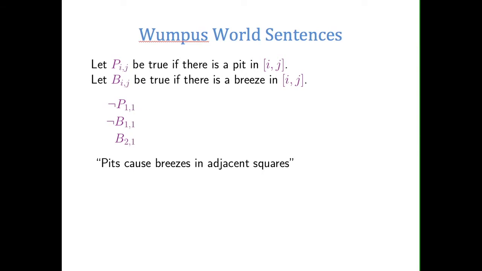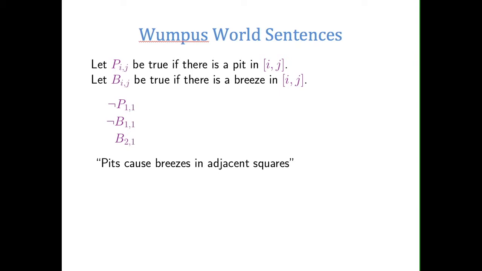Things we can say, for instance, might be that there is no pit in square 1,1. That's true, in fact, in the example we've got. Or there is no breeze in square 1,1. That's true. But there is a breeze in 2,1, so B of 2,1 is true, along with not P of 1,1 and not B of 1,1.